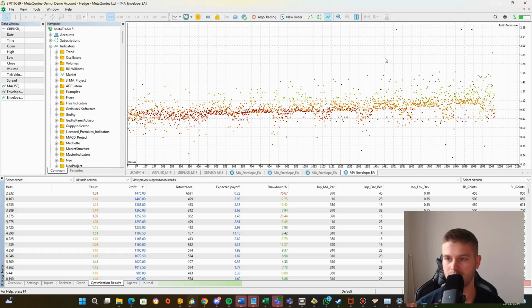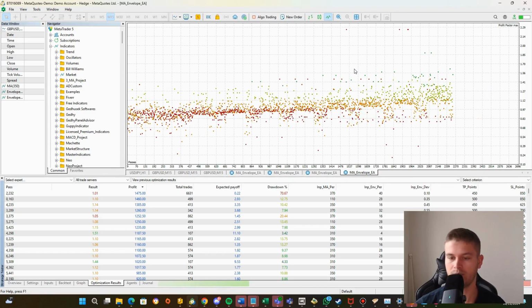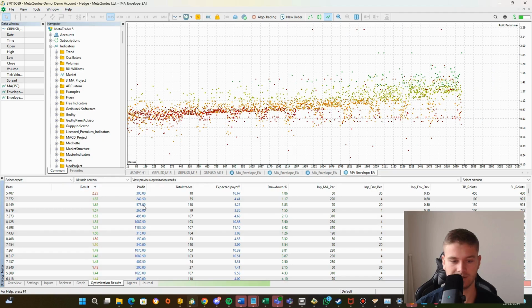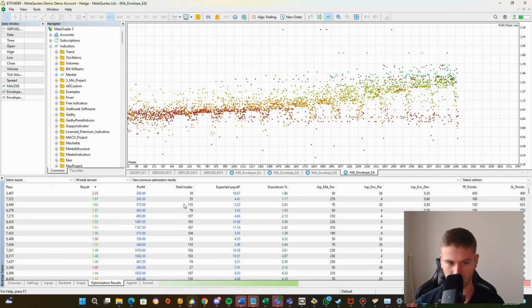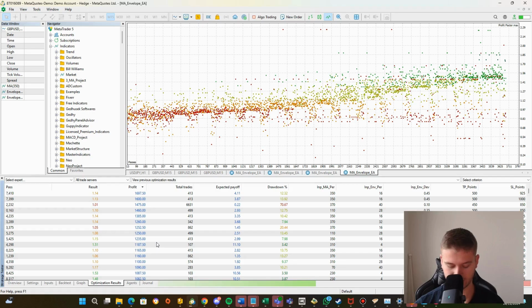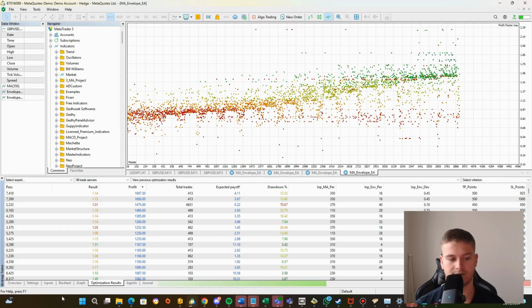I think the previous concept with that pullback will be more profitable for the GBP/USD, but it doesn't mean that this is not profitable at all. You can see that if I sort this by the profit factor, we have some nice profit factors, but with a very low number of trades. But when I sort this by the profit, it doesn't look that nice. So let's just wait for a while here.